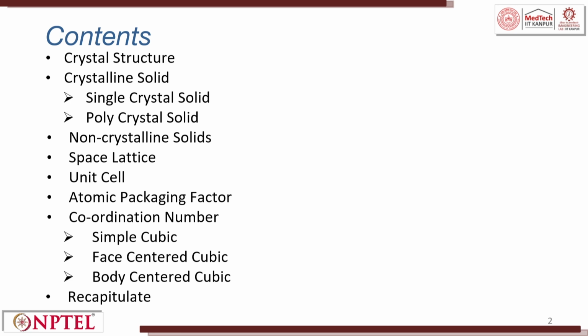We will try to cover three simple cubic structures: simple cubic, face centered and body centered. However, there are 7 basic. So, we will try to cover 3 and maybe 1 or 2 more additional when the problem solving class is going on. And finally, we will have a recap.